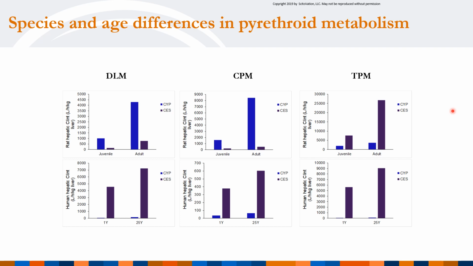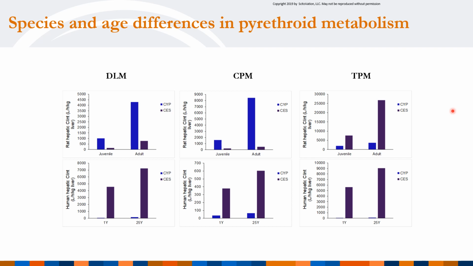We can see that in rats, top lines, cytochromes are the major metabolizing enzymes for deltamethrin and CPM, cis-permethrin, with always a higher intrinsic clearance in adult rats. For TPM, trans-permethrin, carboxylesterases are more involved in the pyrethroid metabolism.